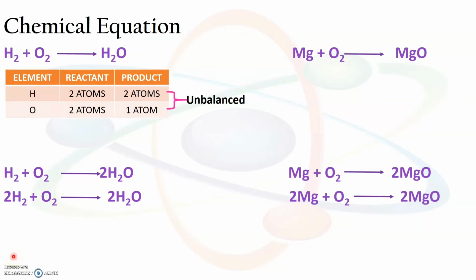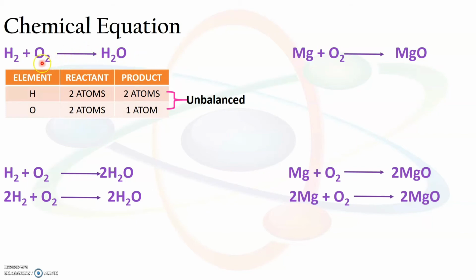Now let us see how we can balance this chemical equation. Always remember that when you balance a chemical equation, you cannot reduce the number of atoms of the elements present on the reactant side or on the product side, but you can only add atoms.